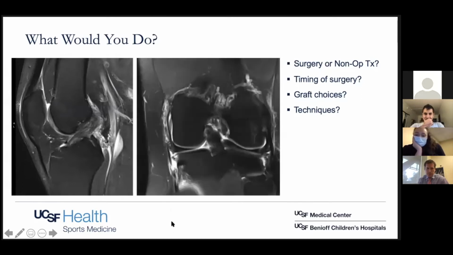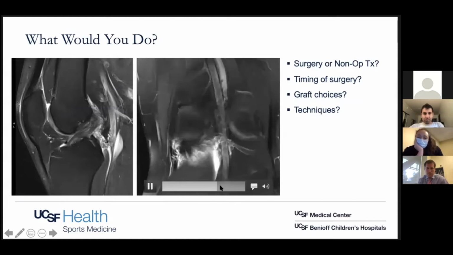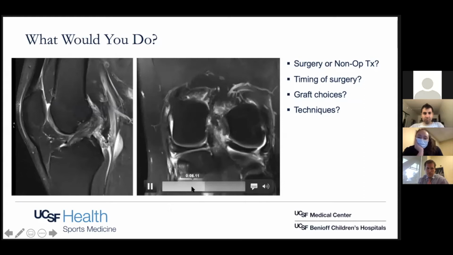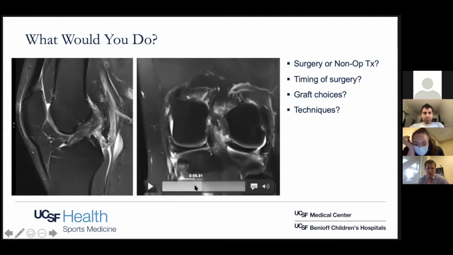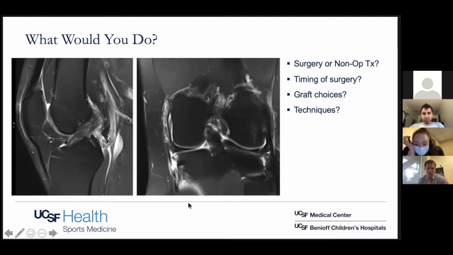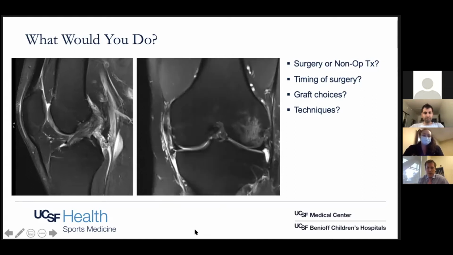There's a lot of edema over the MCL, and I think it looks like there's a tear as well. Yeah, and where would you say it's torn? Looks distal. Yeah, exactly. So a distal MCL avulsion.